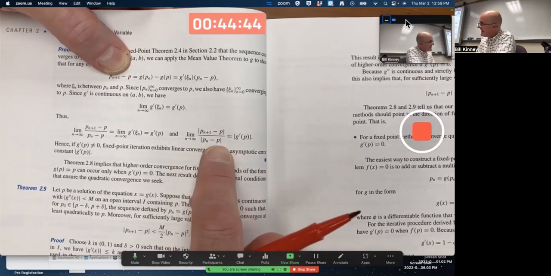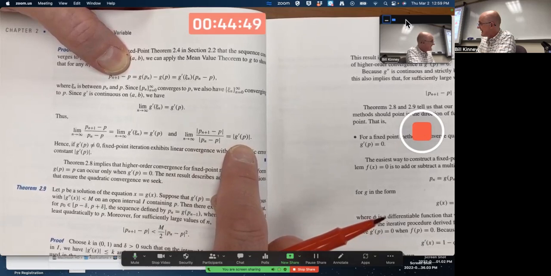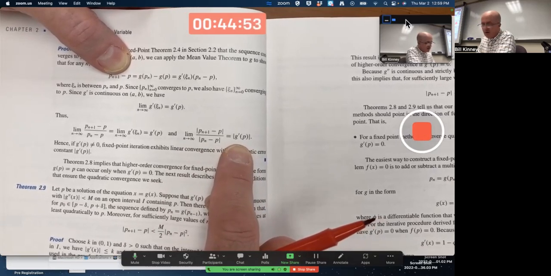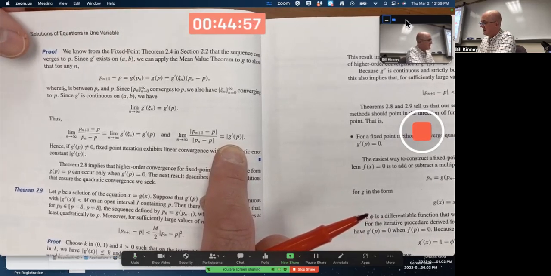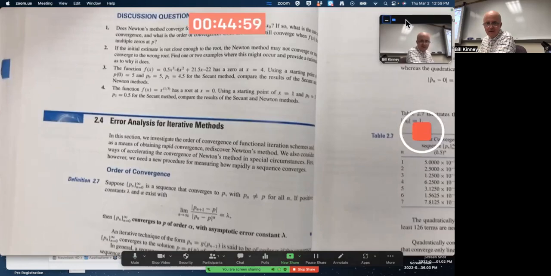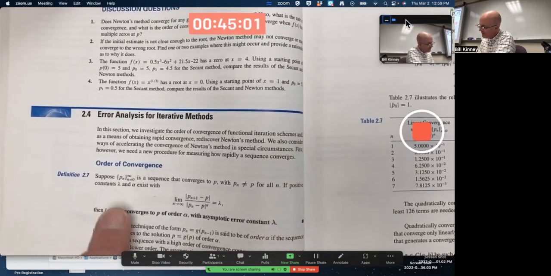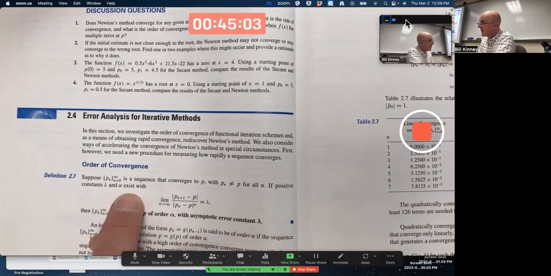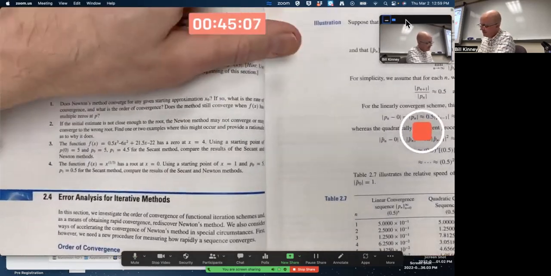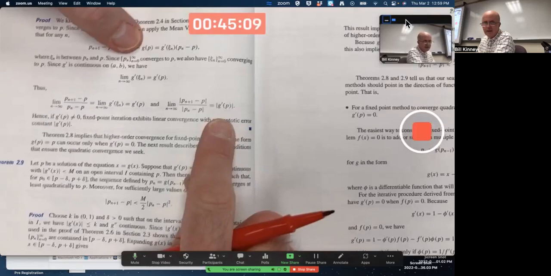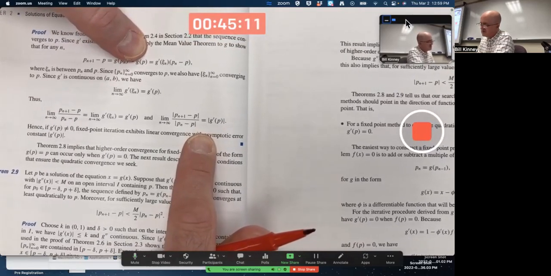So this is now fitting that definition of order alpha with alpha equal to 1, where this is the lambda right there. And it is important that this is non-zero, because that was part of the definition of order alpha convergence. The alpha and lambda are both, in fact, positive constants, non-zero. So that's like the lambda, and the alpha is 1.